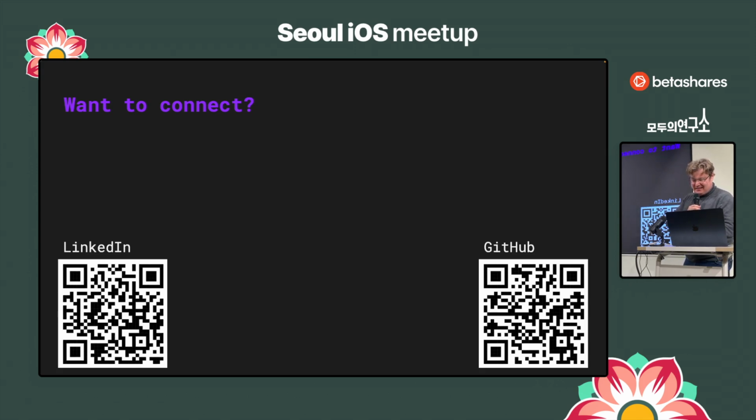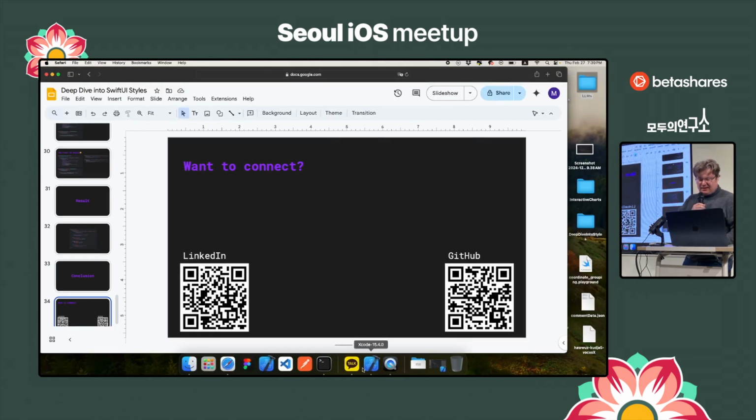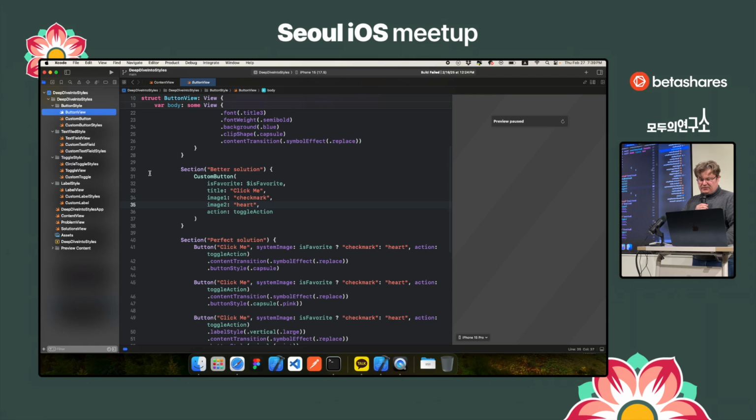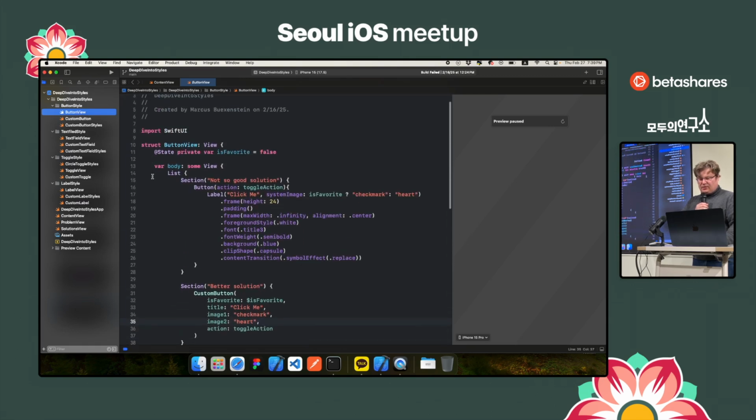So let's get into the demo, because I think that's actually why you came here and want to see. So let's start here with the button view. As you see here, what I talked about before, when you usually start with SwiftUI, that's how you learn it.